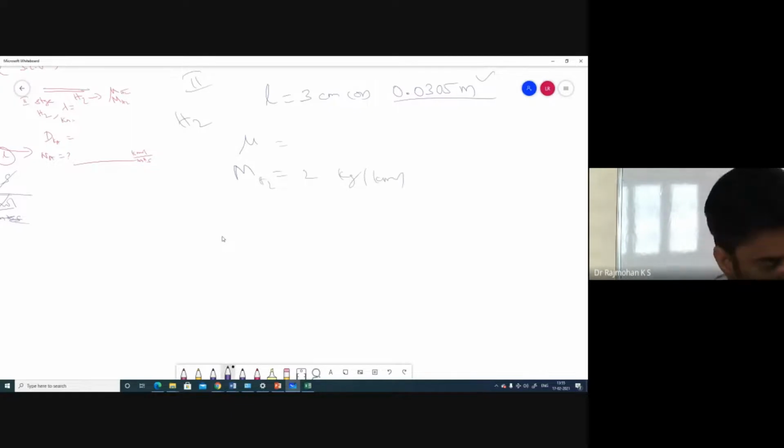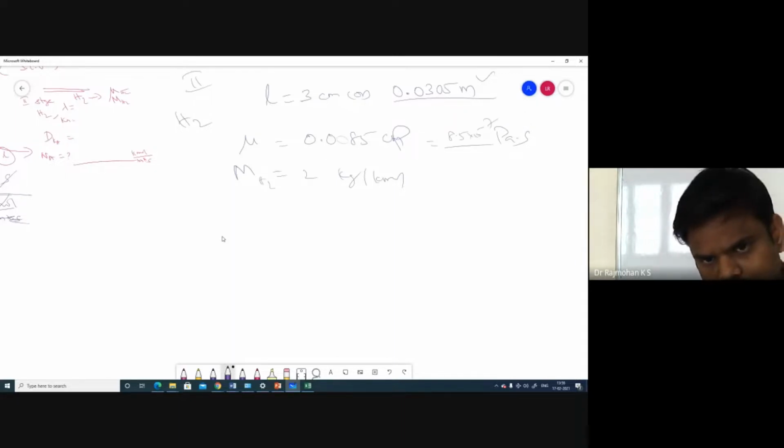Viscosity is given as 0.0085 into 10 power minus 3 Pascal seconds. You can simply write 0.0085 into 10 power minus 3 Pascal second.